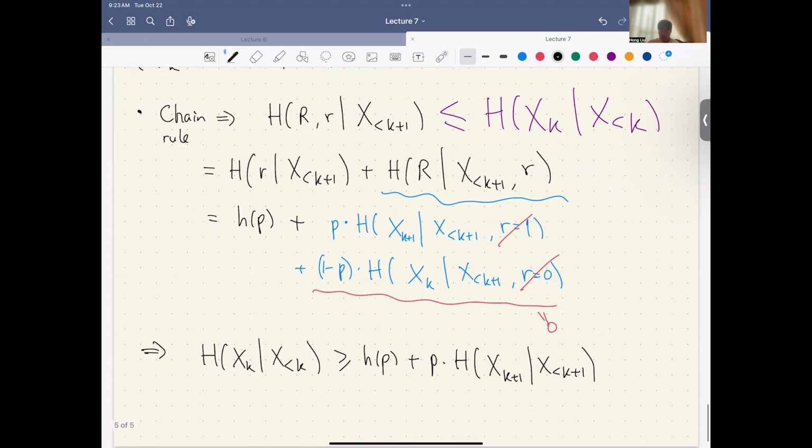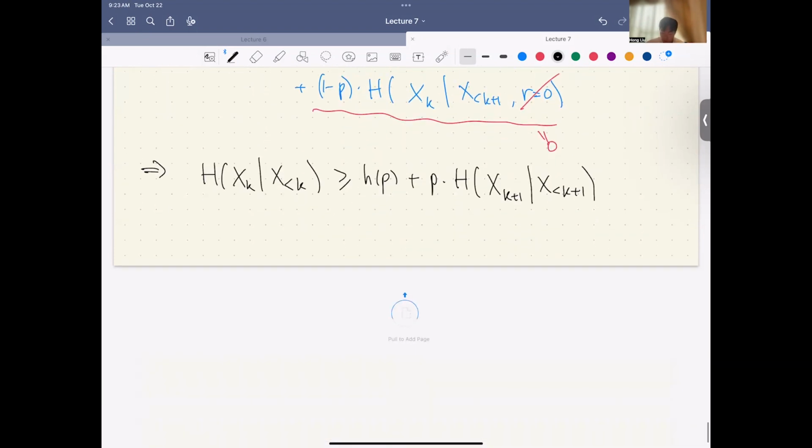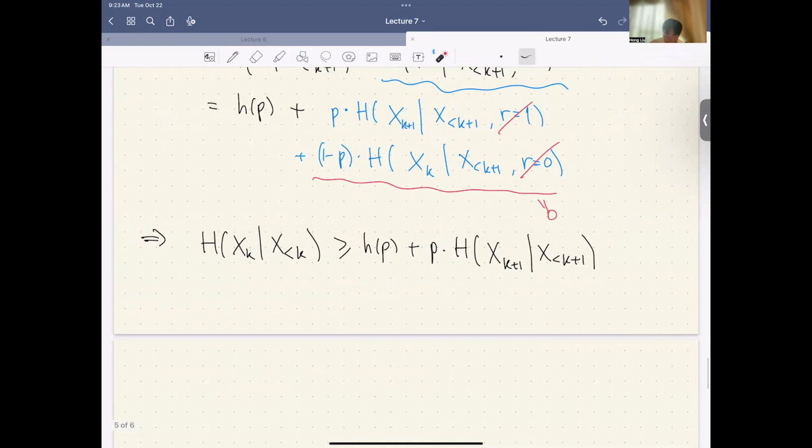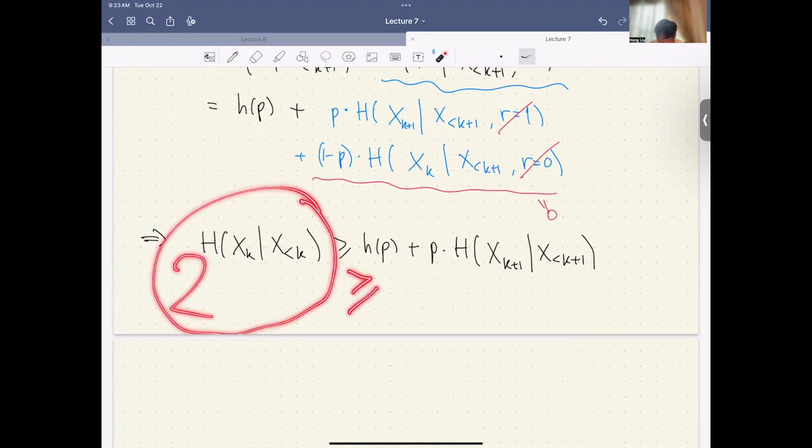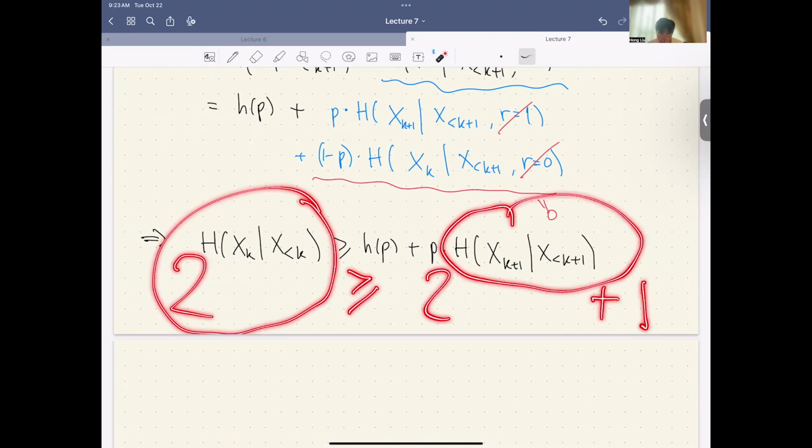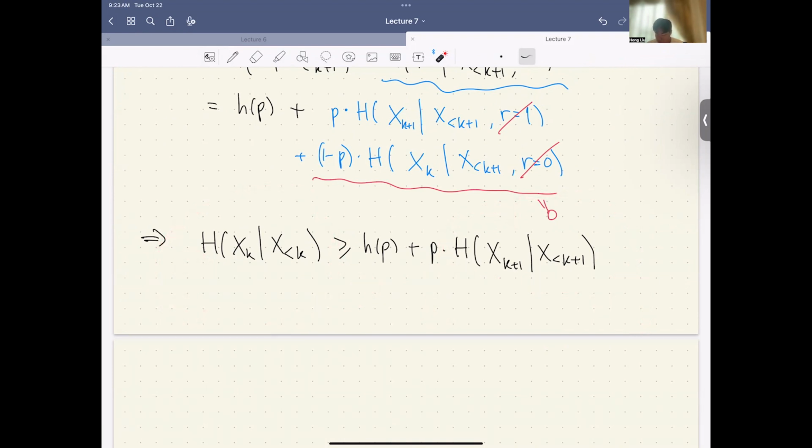All right. What we want to prove is that 2 to this guy is at least 2 to this guy plus 1. And basically now we're just going to expand this and optimize over little p.